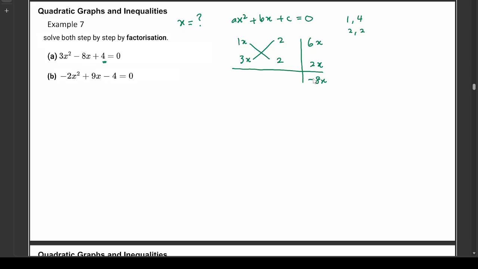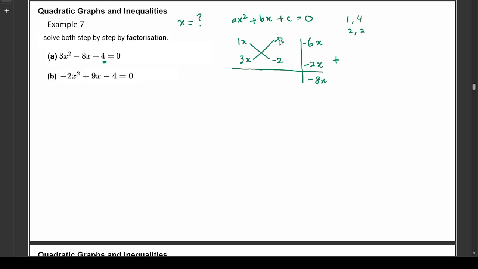So in order to get negative 8x, this should be negative and this should be negative. So when I add the two together, I'll get negative 8x. If this is negative, that means this should be negative, and this also should be negative, right?